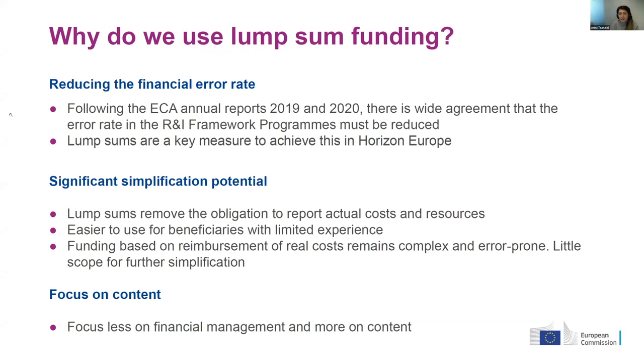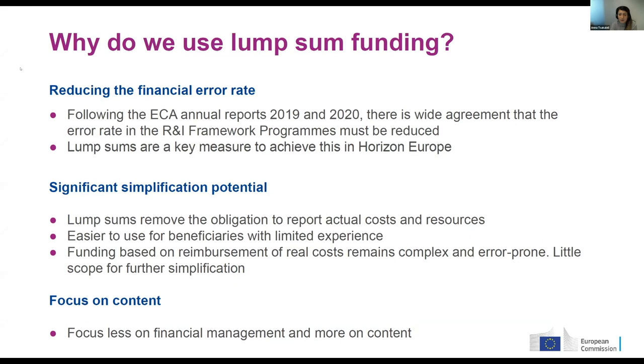The first question is, why do we use lump sum funding now? In Horizon Europe, we introduced lump sum funding precisely because we wanted to reduce the administration and the error rate when it comes to financial reporting. And like this, we make the program a little bit simpler by removing the obligation of the applicants to report actual costs.